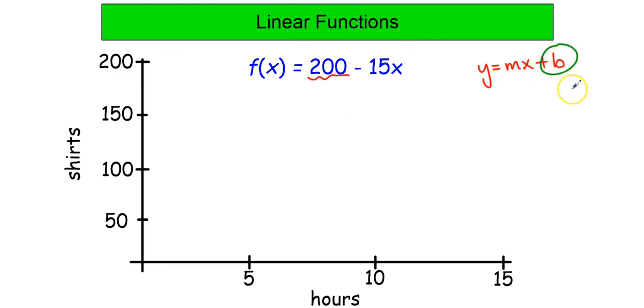Whatever number is by itself is the y-intercept. Okay, so for our particular purposes here, the number that's by itself, or the constant in this particular case, is 200. That's the y-intercept. So if I'm going to graph this, that's kind of like my starting point. I go up to the 200 and I plot my point, and there's my y-intercept.